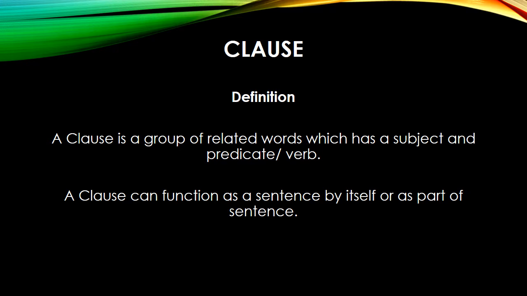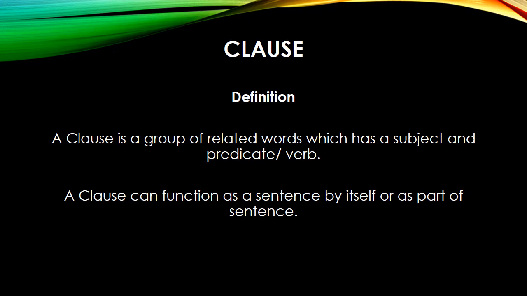Let's see the previous example. "She stayed at home and she wanted to accompany us." Here you can see "she stayed at home." Here "she" is the subject and "stayed at home" is the predicate. So this clause can function as a sentence by itself.